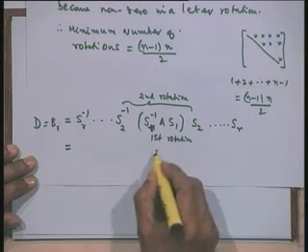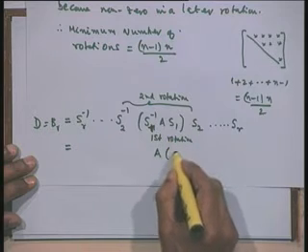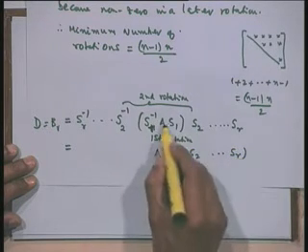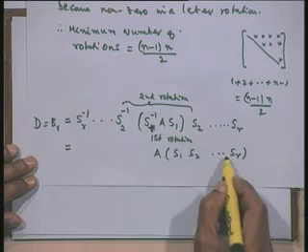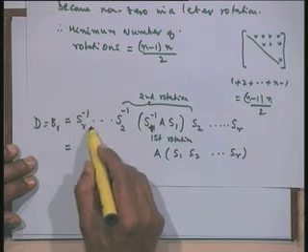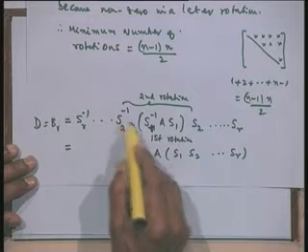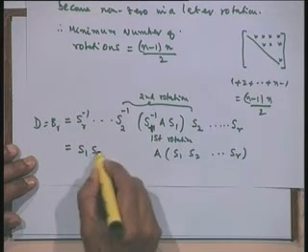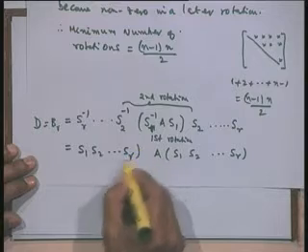Let us first write down the right hand side, this is S1 S2 ... SR. If you look at the left hand side, this is SR inverse, SR minus 1 inverse, ... S2 inverse, S1 inverse, that is the inverse of this. This is your (S1 S2 ... SR) inverse.